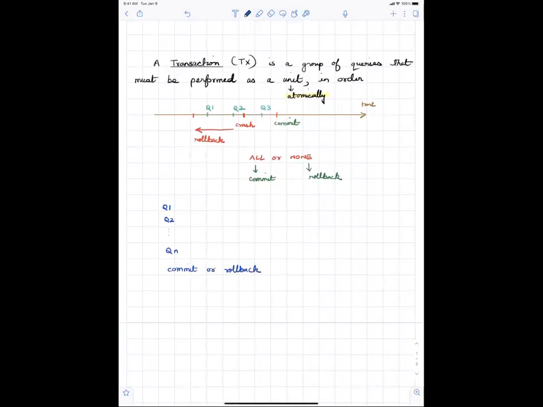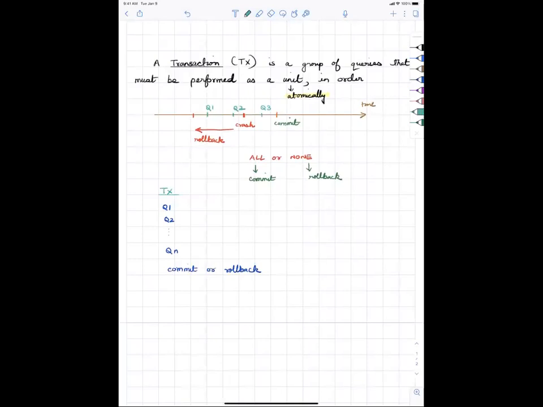So a transaction is just this set of queries, where they must all happen or none happen.